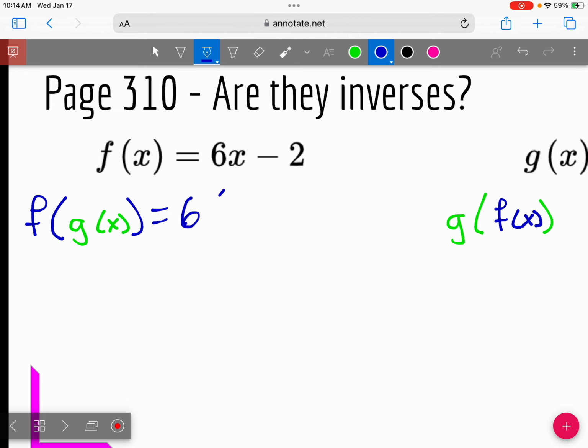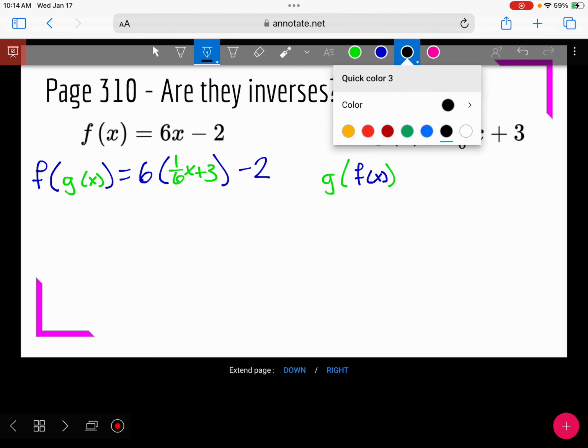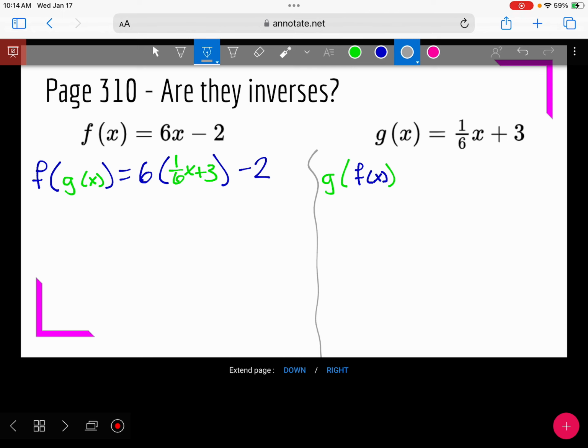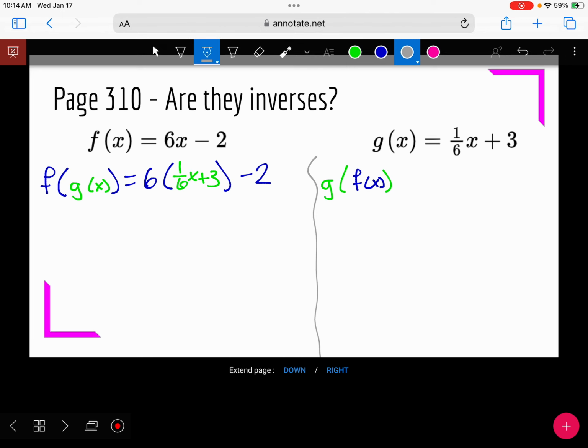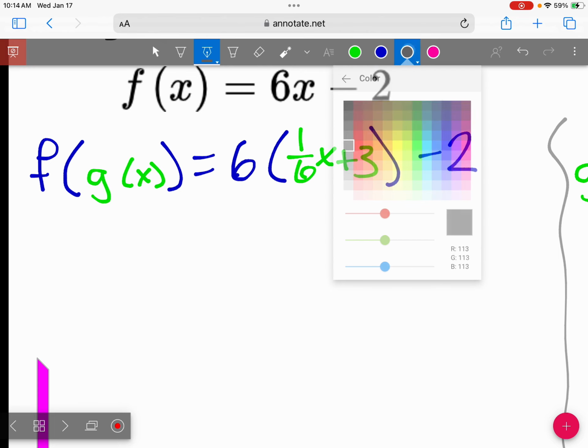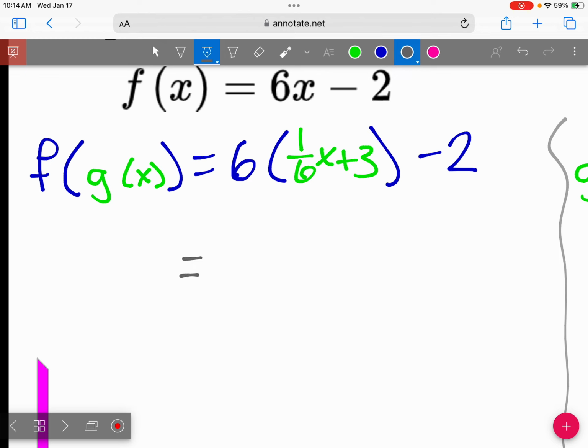We're going to have 6 times our 1/6 x plus 3, minus 2. What do we need to do to simplify this?